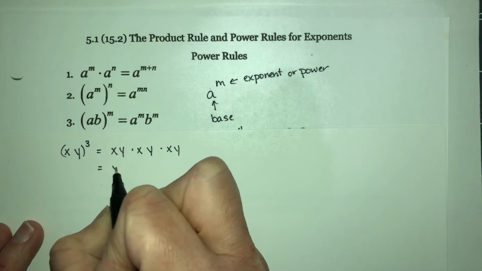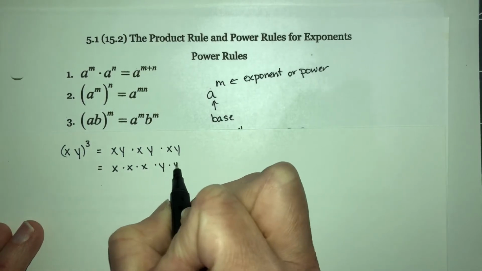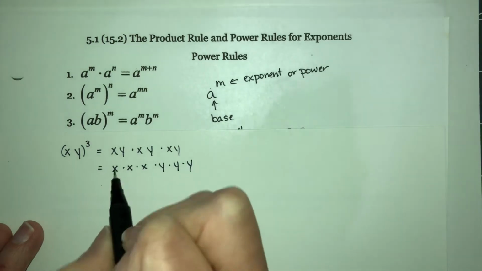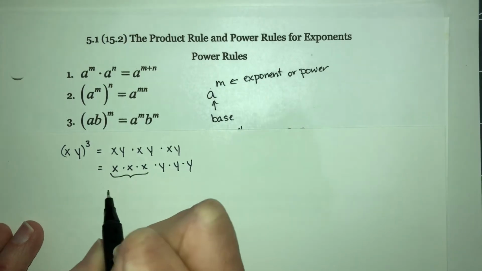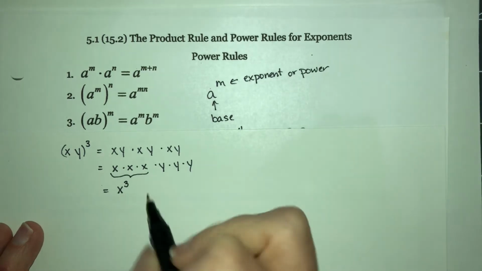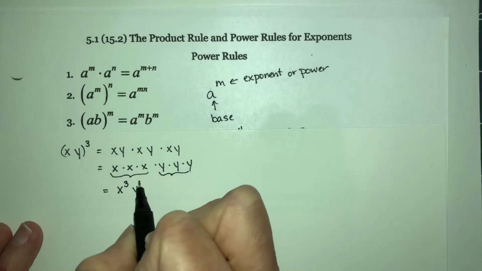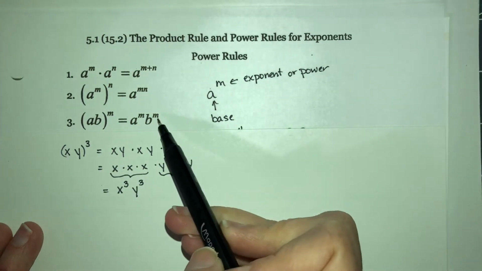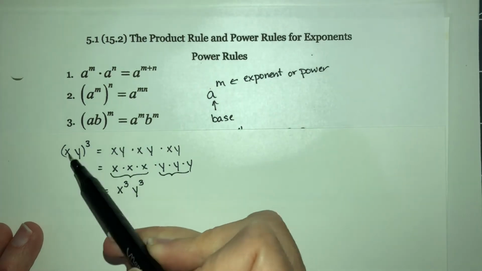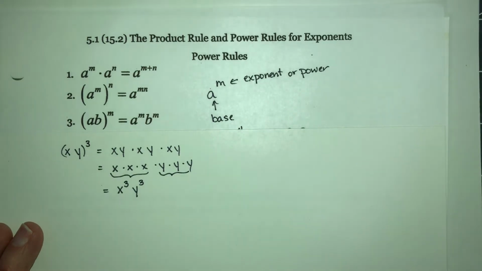So this is the same as x times x times x times y times y times y. Here I have three x's multiplied together, so that's x to the third, or x cubed. This is three y's multiplied together, so that's y cubed. Our property says that I should take this exponent and apply it to each one, and that's what happened. I got a cube and a cube.